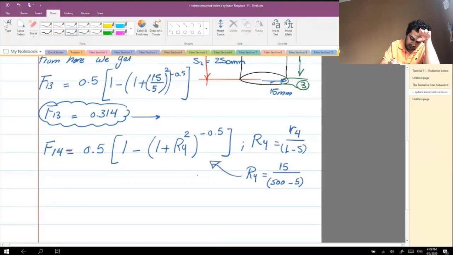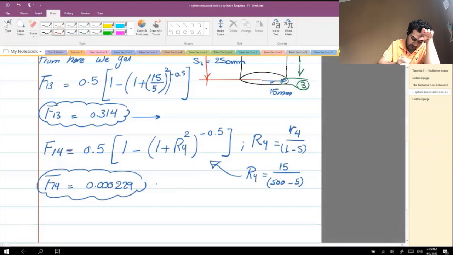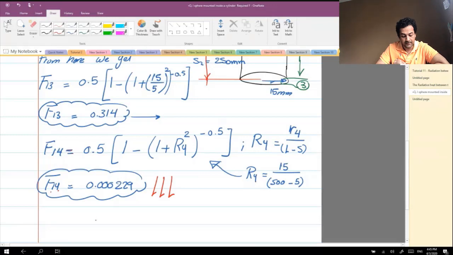Alright, and when we get this value, F14 is going to be 0.000229, and that's very, very low because, as I told you, the view factor is how surface number 4 can see surface number 1, and surface number 4 is very far from surface number 1, so it will receive very, very low radiative heat from surface number 1, and that's why F14 is very, very low.